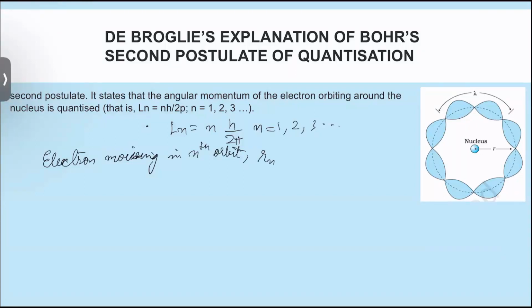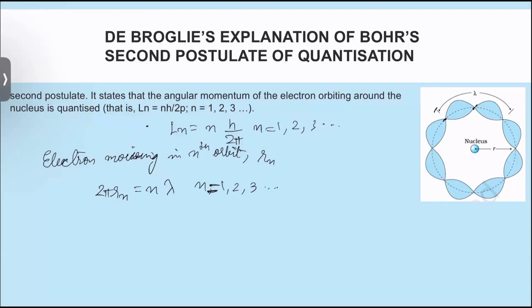The total distance, the circumference, would be 2πRn, and that would be equal to nλ, where n goes 1, 2, 3. This gives you the understanding of standing waves. You can see the nodes are at the ends, and this is the standing wave, and this is the wavelength of one of the waves that we are considering.